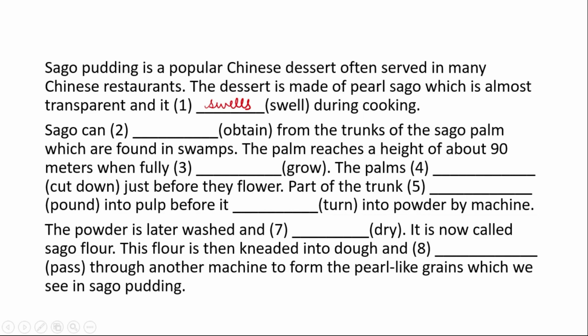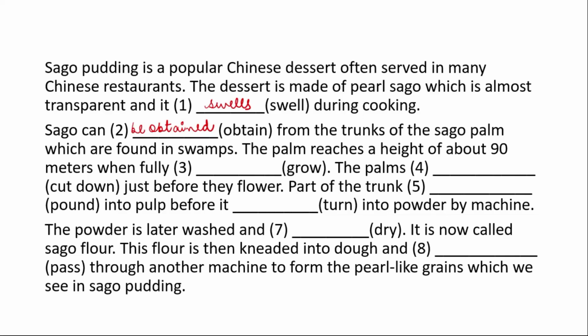Simple present tense. And it swells during cooking. It's a fact. Sago can be obtained from the trunks of the sago palm, which are found in swamps.